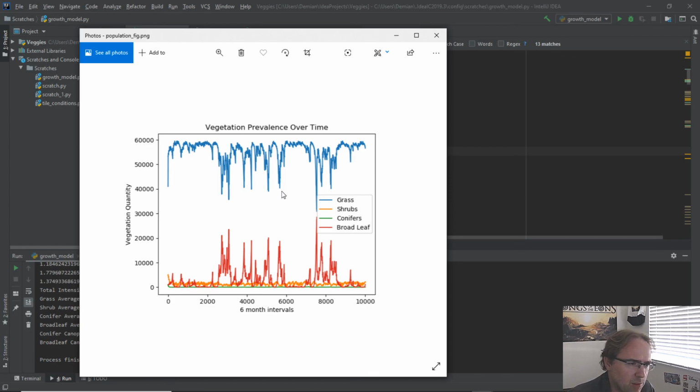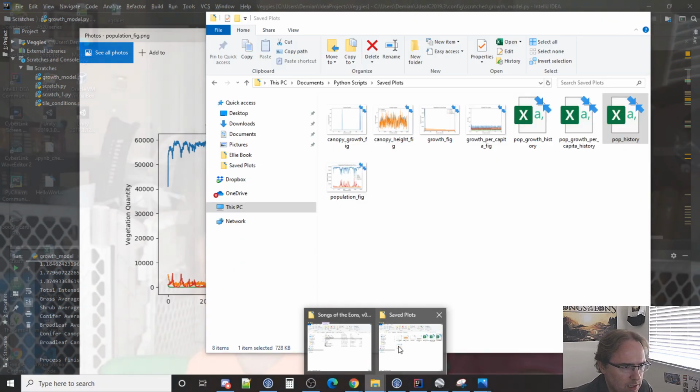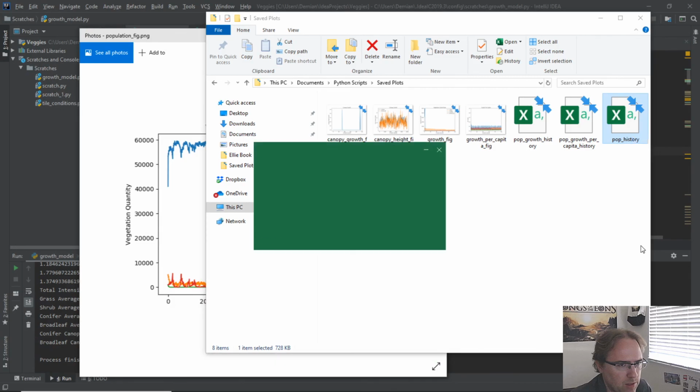It's those spikes that are weird. I'm wondering if something odd is going on. Let's do this. Let's go into our Excel files, pop history.